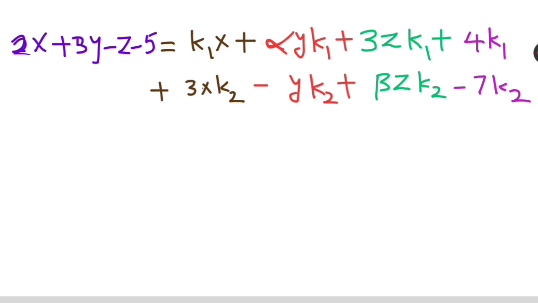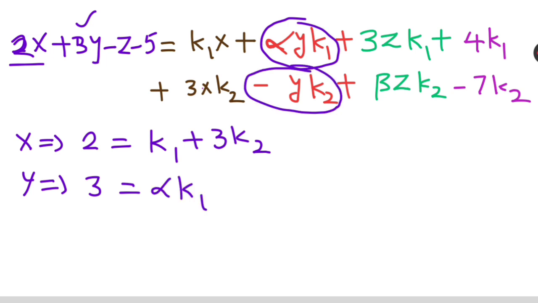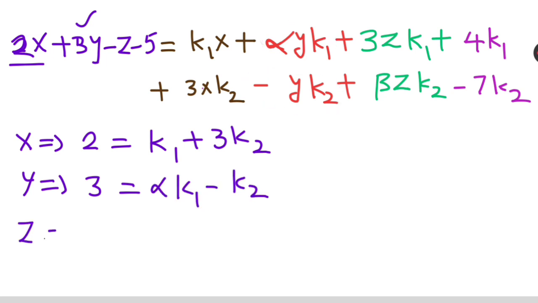Now compare the LHS and RHS. First we compare x. In the LHS we have 2, and in the RHS we have k1 plus 3k2. Now compare y. On the left hand side we have 3, and on the right hand side the y coefficient is alpha k1 minus k2. Now compare the z coefficients.